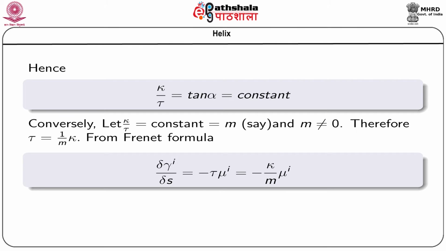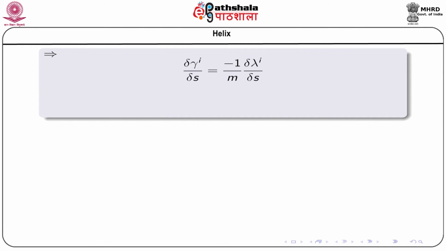So, putting the value of tau, we get minus kappa by m mu^i. Thus, del gamma^i by del s equals minus 1 by m del lambda^i by del s, which can be written as del by del s of gamma^i plus t lambda^i, considering t equal to 1 by m.